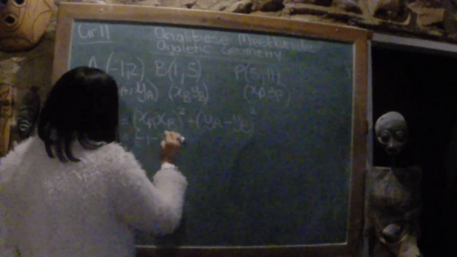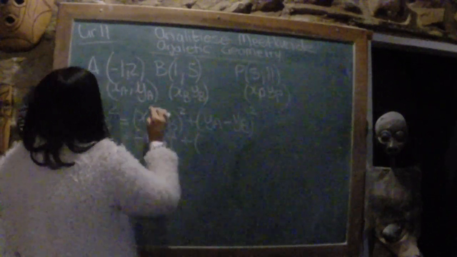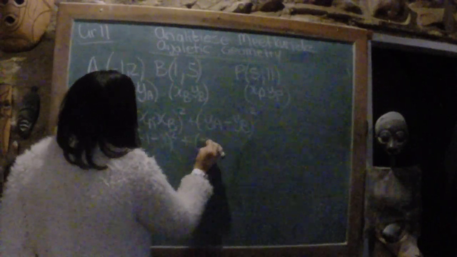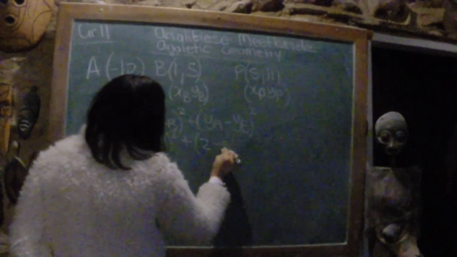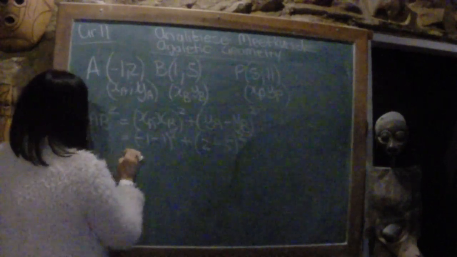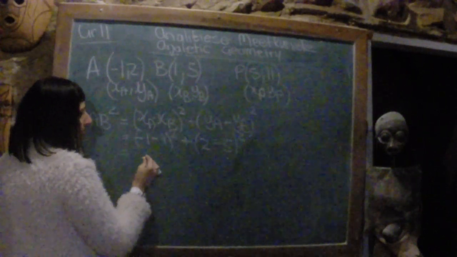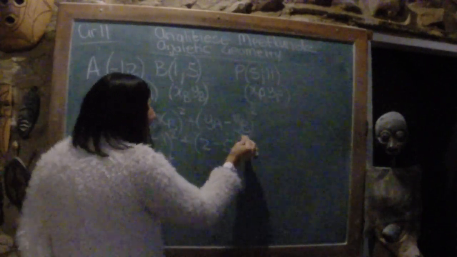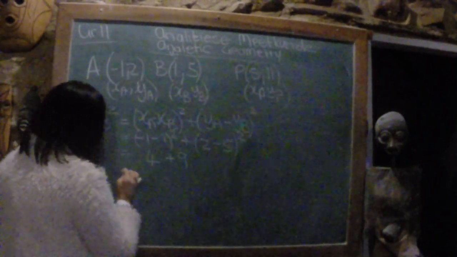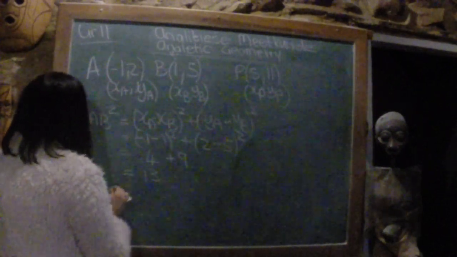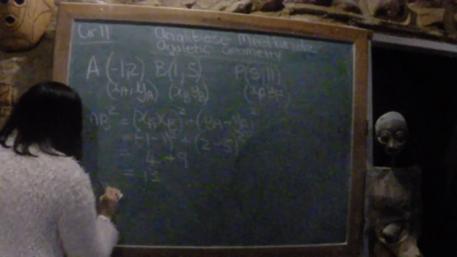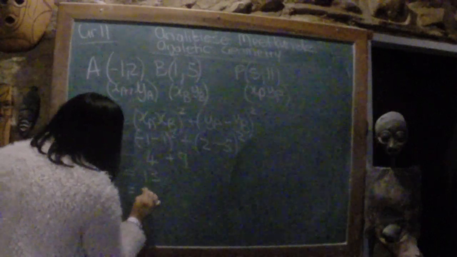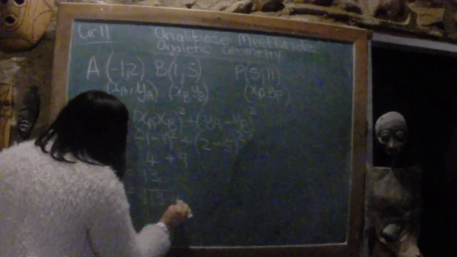So now we've got minus 2 squared, that gives me 4, plus minus 3 squared, that gives me 9. So the distance between AB will then be the root of 13 units.